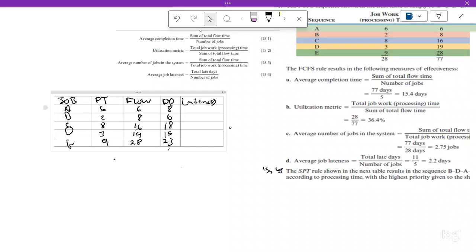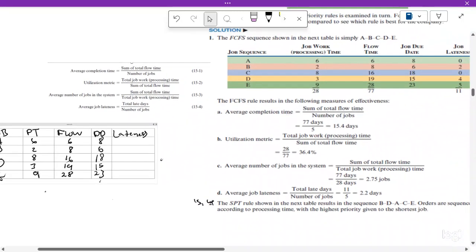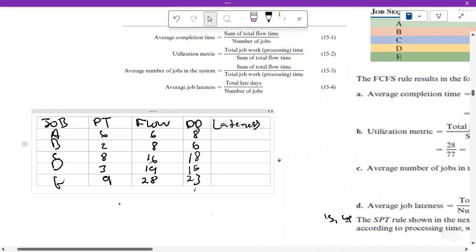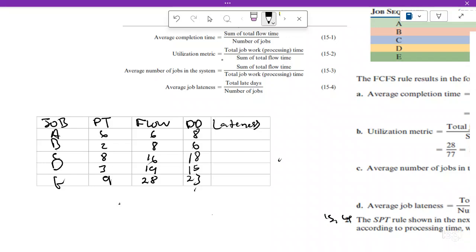You see this one? They didn't do the formula for the lateness. Remember I said due date minus duration. How much is that?